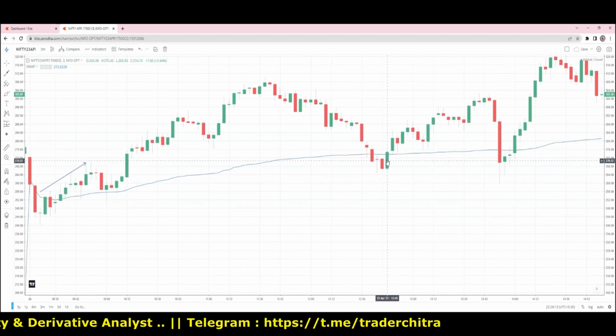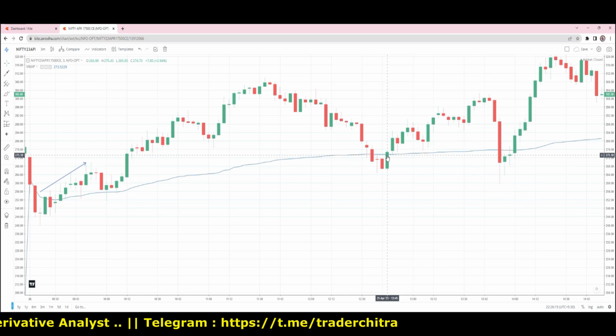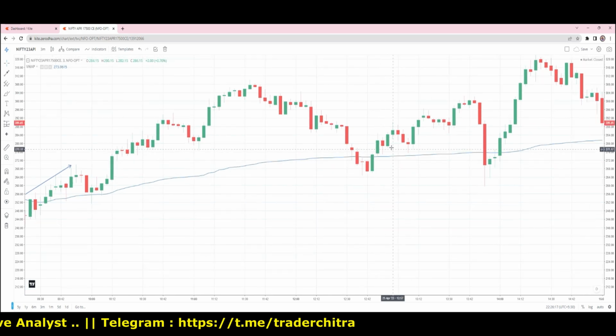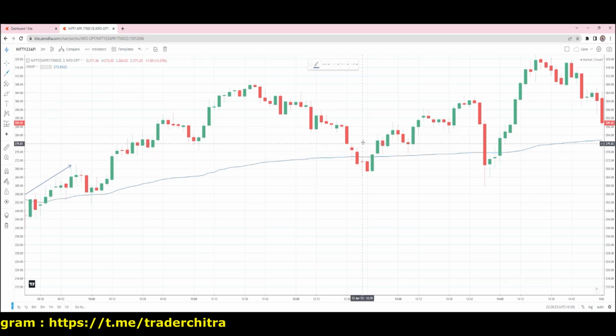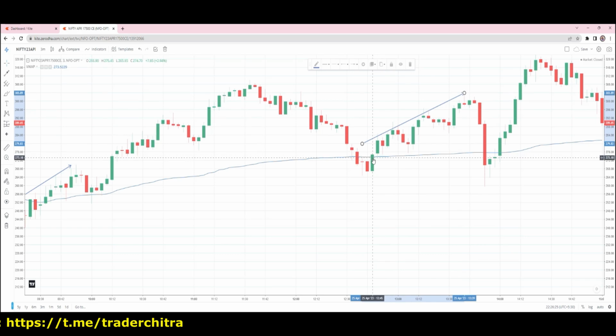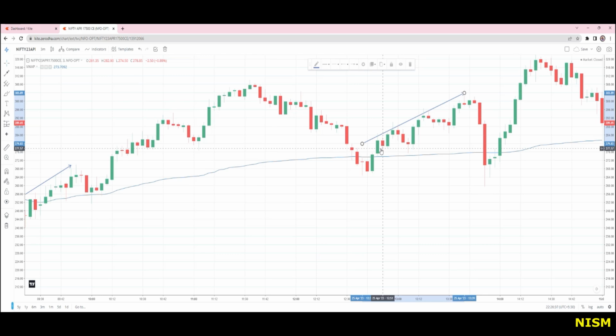And again, on the same day, we got one more green candle at 12:45, and we got our target also. Above this green candle we will enter, and we got the target. So we will be entering at 275, and Nifty made a high of like 302. So we will be entering into the trade, booking like 5 to 6 points in the options, and we will exit the trade.